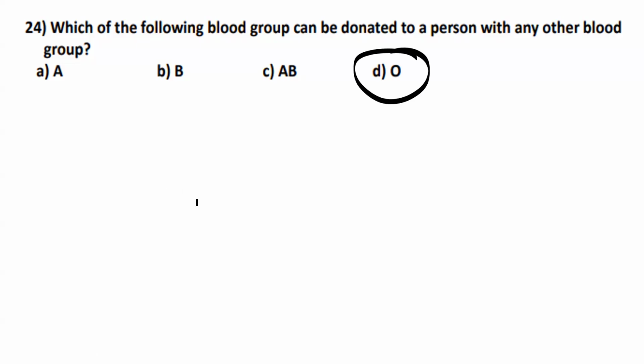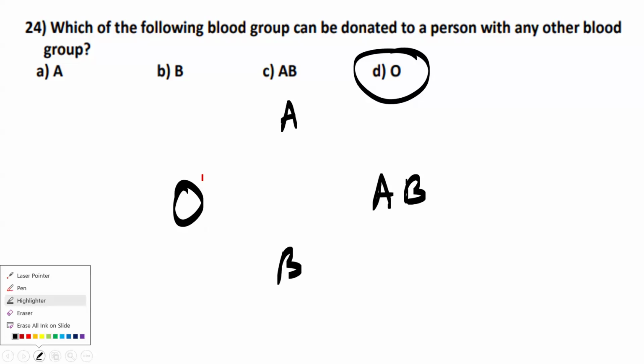AB group, no? So when we were doing grade 9, I gave you a very easy chart to remember this blood transfusion. Starting from AB, O, A, B, A and B. Now put the arrows.